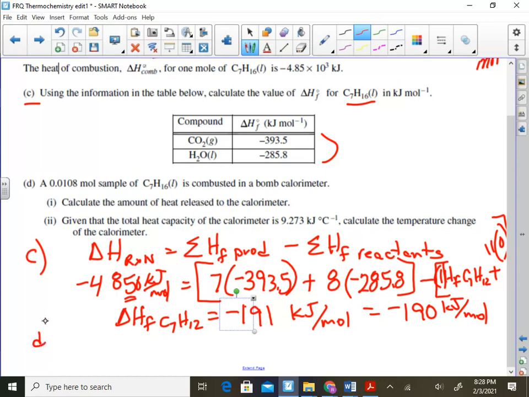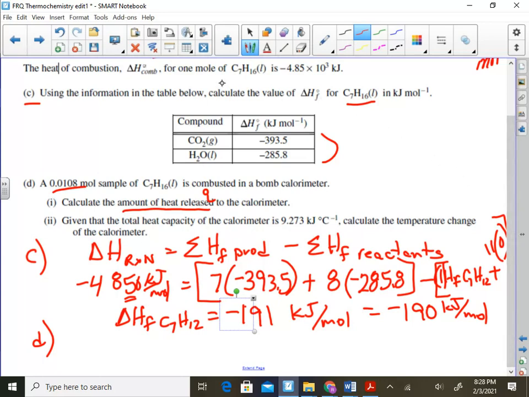Okay. Looking at part D, we have a small sample combusted in a bomb calorimeter, and we want to know the amount of heat released. And so we're trying to find Q. Now we're given the moles of the sample.